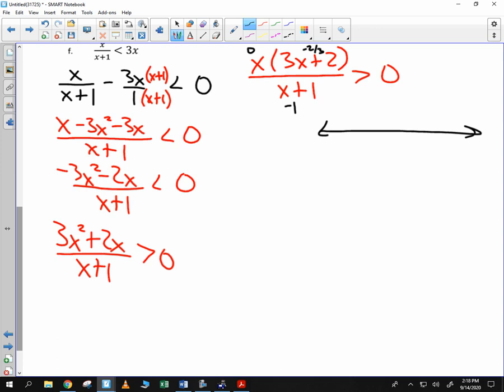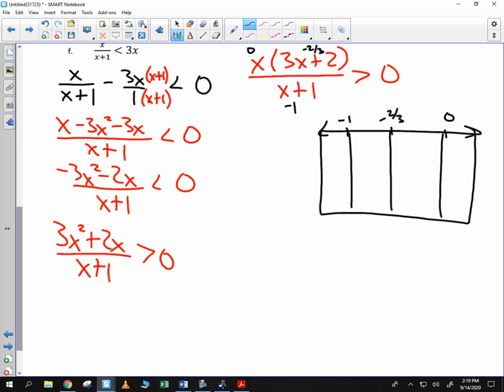So I'll plot -1, negative 2/3, and 0. There are 3 numbers, so I will have 4 columns. 3 numbers, so 3 rows. Place the x, place the 3x plus 2, and place the x plus 1.